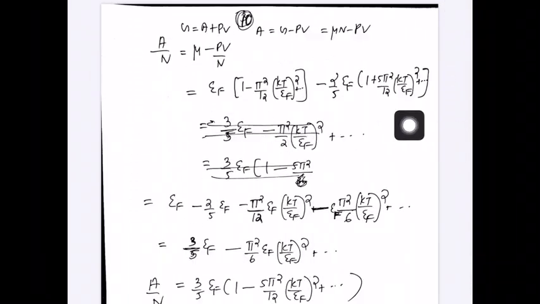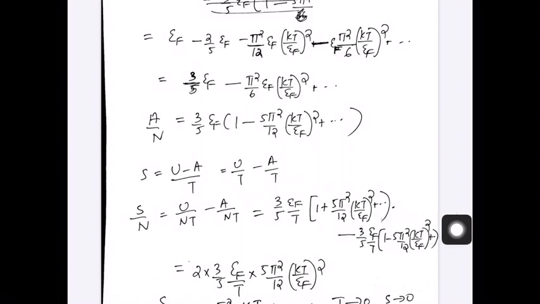So this is our PV by N, and we subtract this term from mu, and we get this expression. Finally, A by N is 3 by 5 epsilon f times 1 minus 5 pi square by 12 times kT by epsilon f whole square. So this is our Helmholtz free energy per particle.